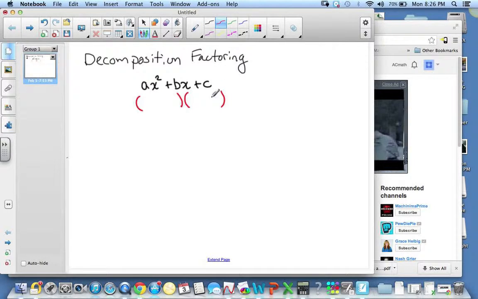I'm not going to fill that in because I don't want to use other letters. But that's the whole idea of factoring. We're going from something that's added to something that's multiplied.